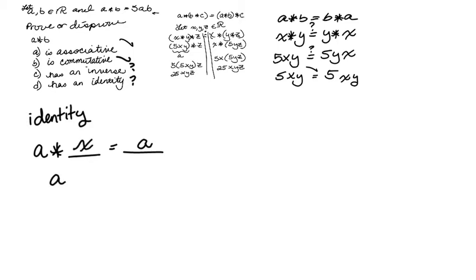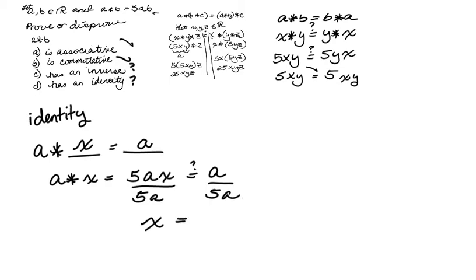So A star x is equal to 5ax. And I want to know if there's a quantity that makes that equal to A. So I'm going to divide both sides by 5A because this is just ordinary multiplication, so I can do that. So that x would have to equal 1/5.